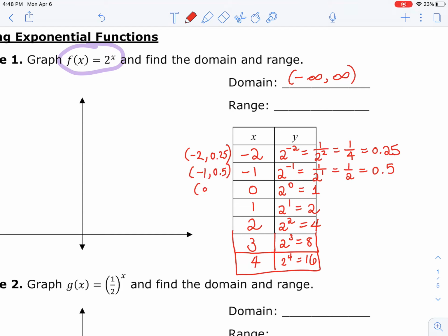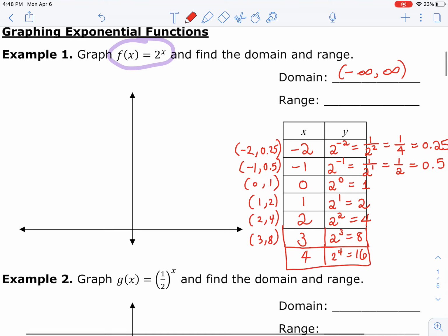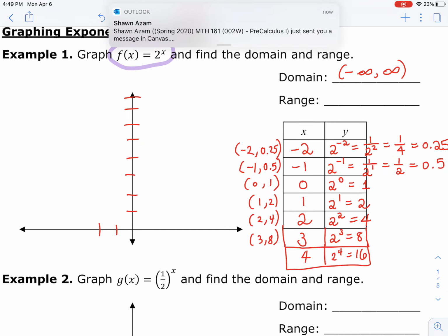These are going to be negative 2, 0.25, negative 1, 0.5, 0, 1, 1, 2, and so on. So plot these. Maybe just one more, 3, 8. I'll plot these points and then I will sketch a graph.